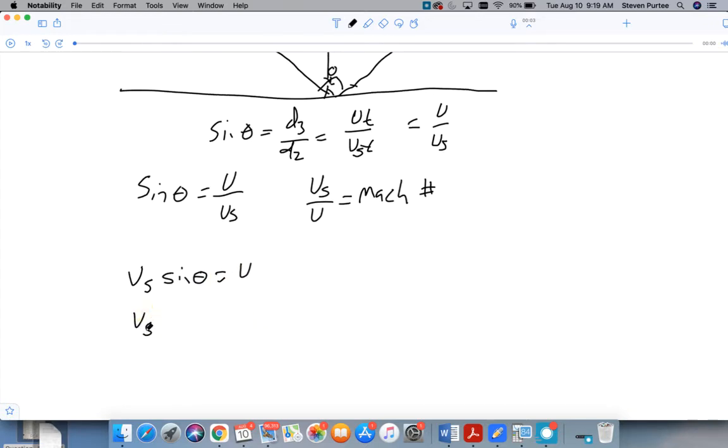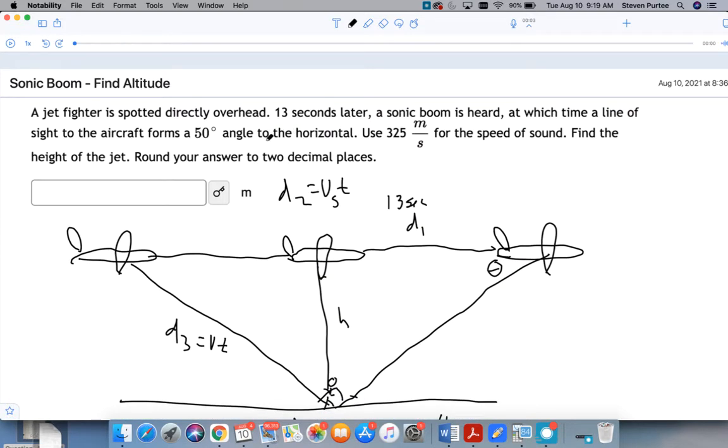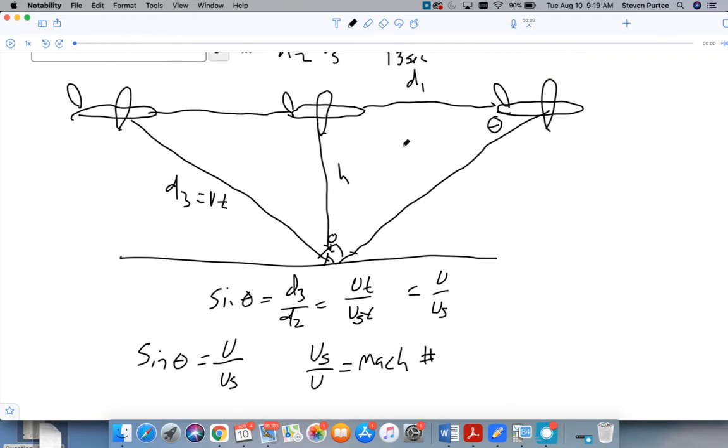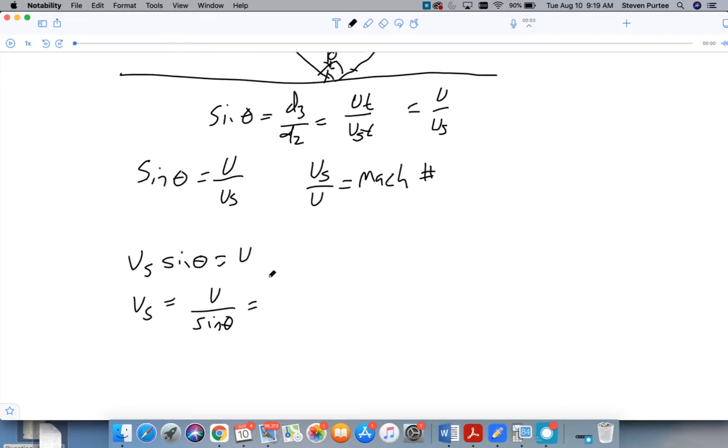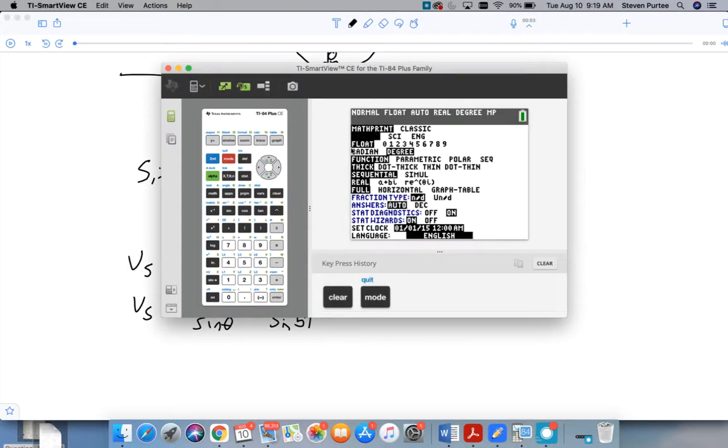Then Vs will be the speed of sound in air divided by sine of theta. So with our numbers here, that's a 51-degree angle, and we're using 325 for the speed of sound. 325 divided by sine of 51 degrees. So we throw that in our handy calculator, make sure we're in degree mode. We are.